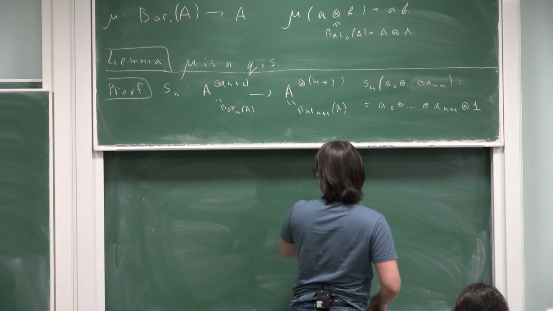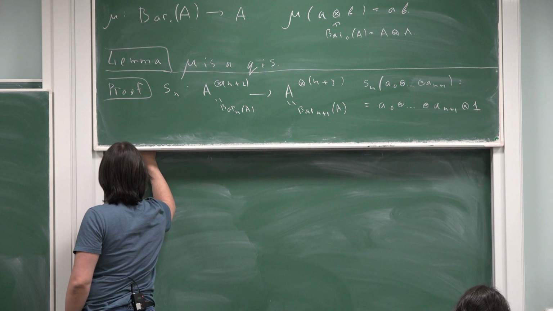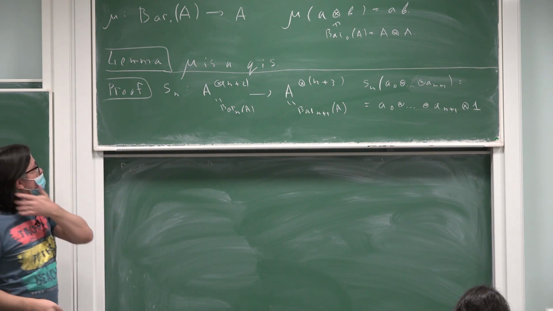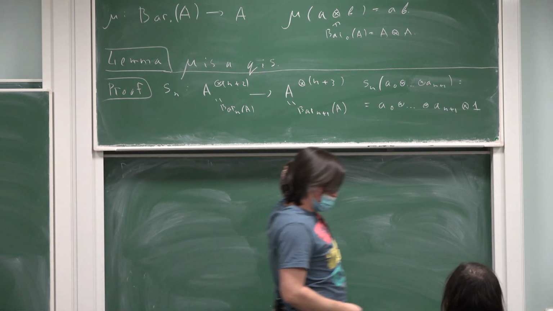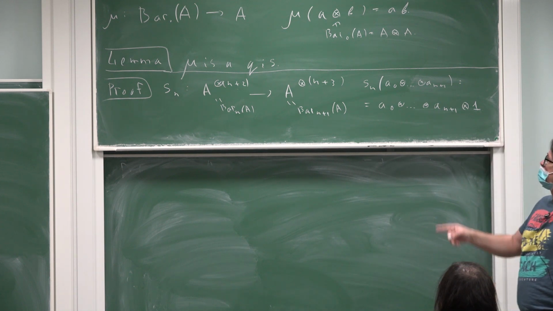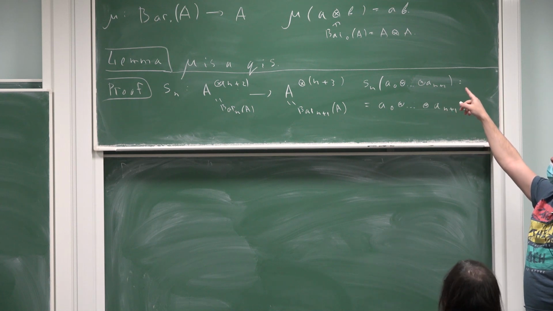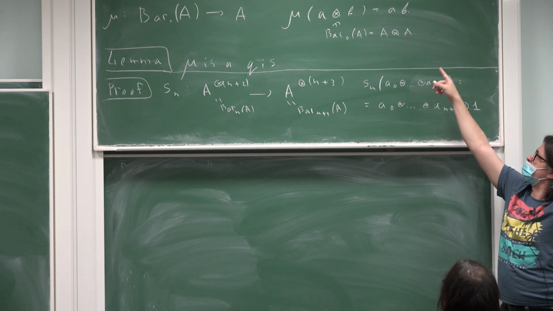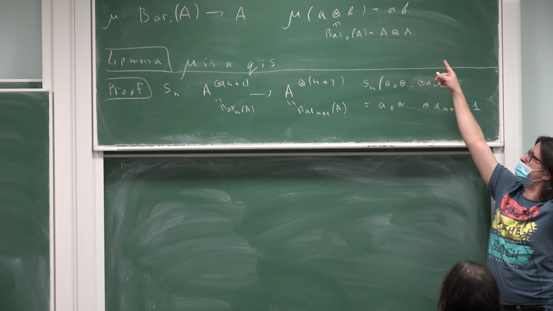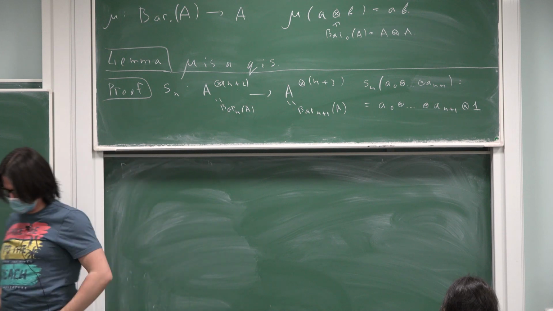So we use that the algebra is unital, of course. For non-unital, mu is not a quasi-isomorphism because it's not clear, for example, why this map mu is surjective. If A is unital, then we can take a equal to 1 and get any element of A. And if not, then it can be not surjective.